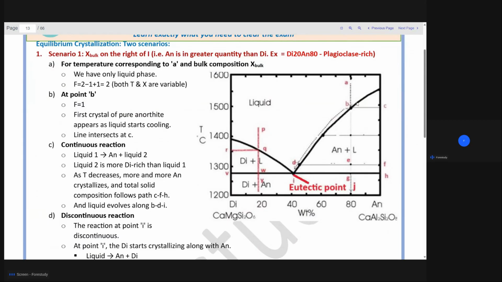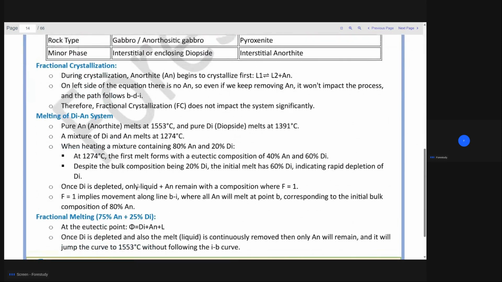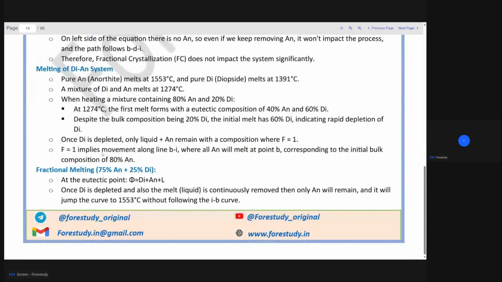The last melt that will form will be of composition B, and the last crystal that will melt will be of composition C, and then it will go upward towards A.